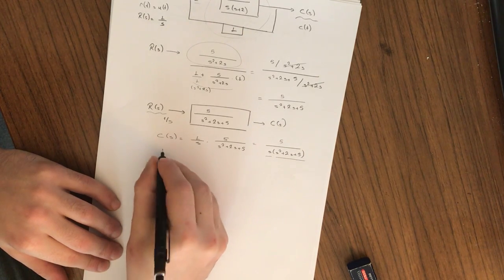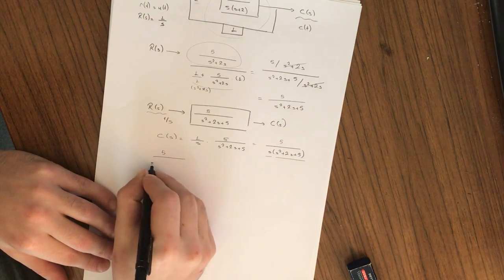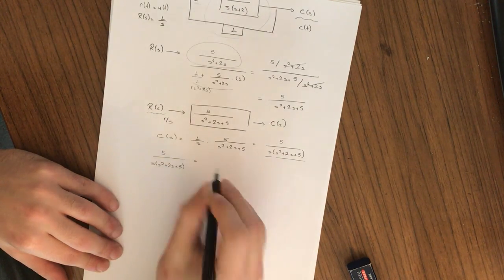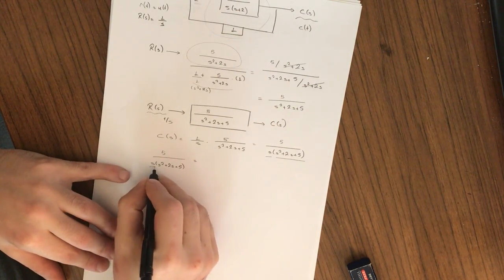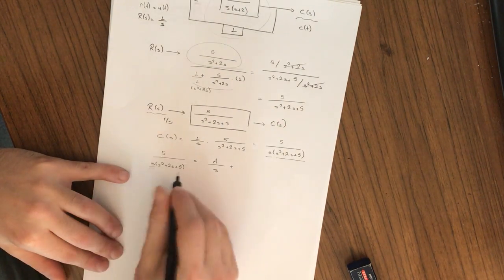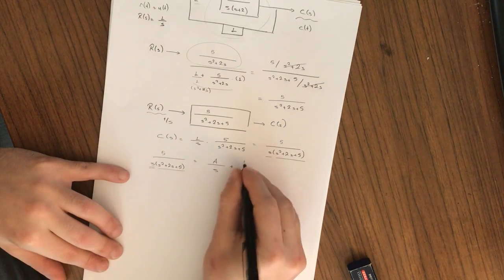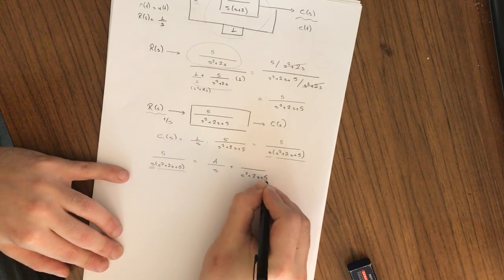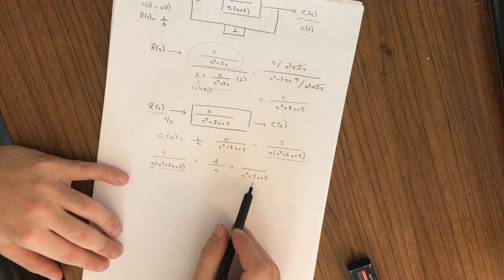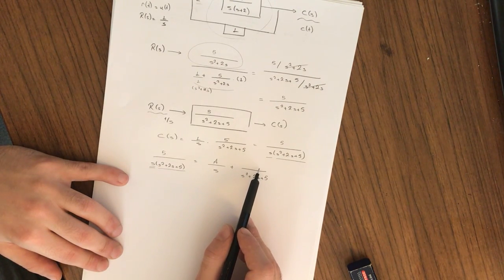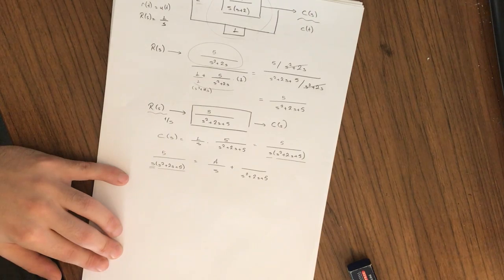So this can be rewritten with one coefficient for the multiplicand s, so we have A over s, and the second for the multiplicand s squared plus 2s plus 5. Since the denominator is a second order polynomial, the numerator we write down should be one degree less.